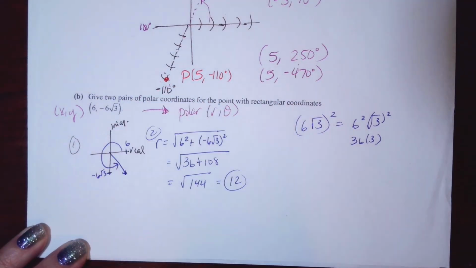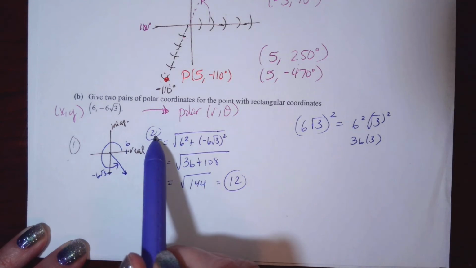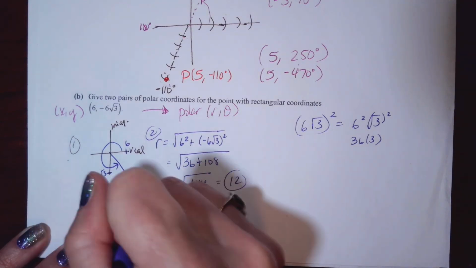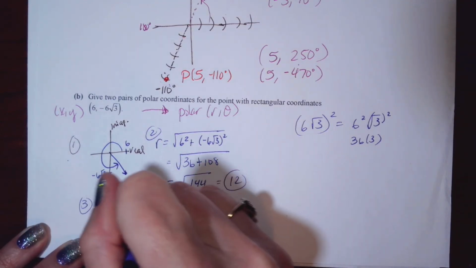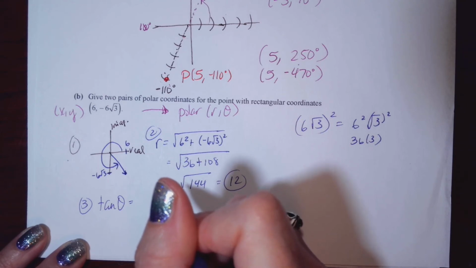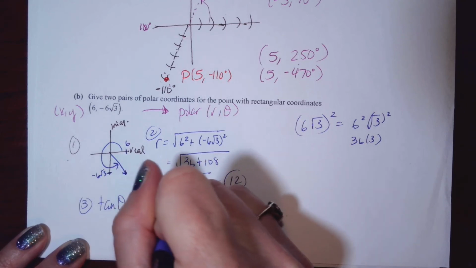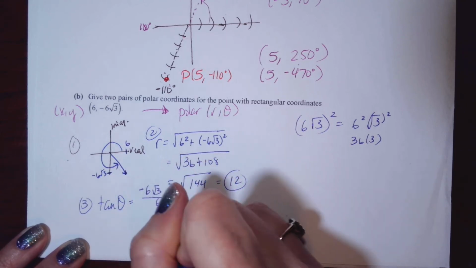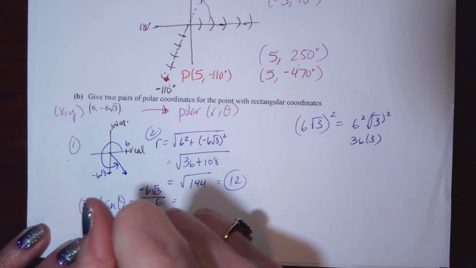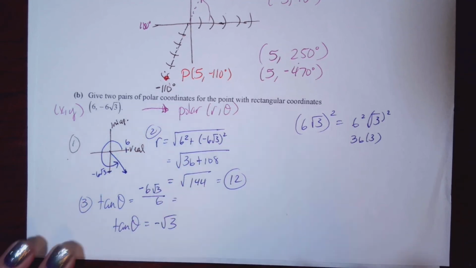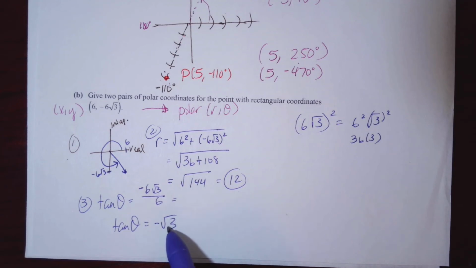Now I need to figure out what theta would be. That's my second step. First, sketch. Second, find r. Third, use tangent. Tangent theta is y over x to find theta. So I've got negative 6 square root 3 over 6, which gives me tangent theta as negative square root 3, and I know I'm in quadrant 4. Well, which angle has a tangent value that is negative square root 3?